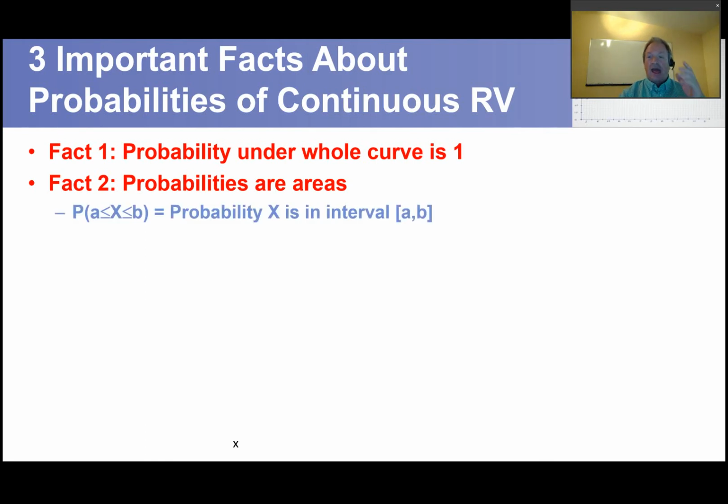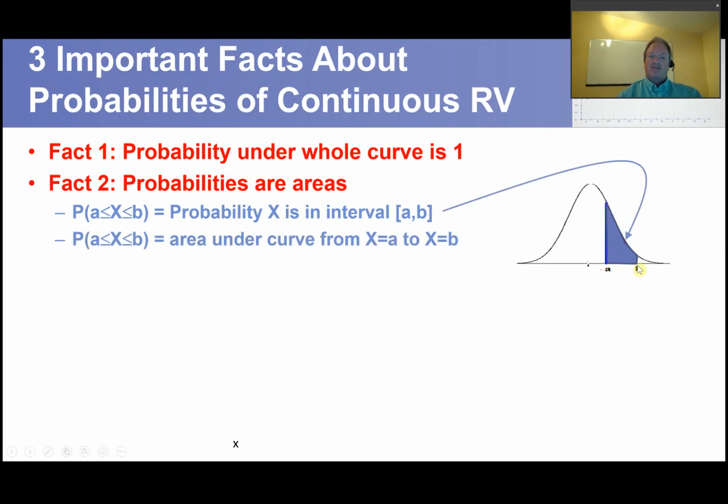So if I want to ask the question, what is the probability that a randomly chosen value from the population is between two values, A and B, what I'm going to do is sketch out that distribution, that curve, and the area under the curve between A and B is the probability. So this area between A and B under the curve is the probability that I'm going to find a randomly chosen value between A and B.